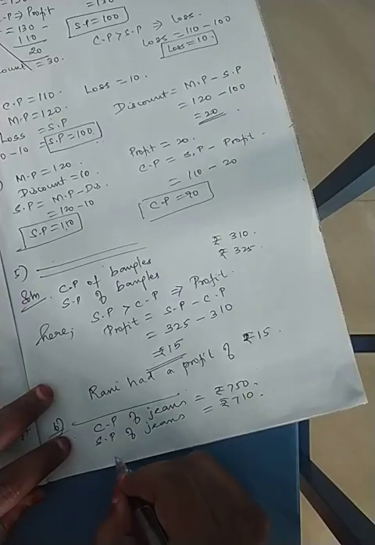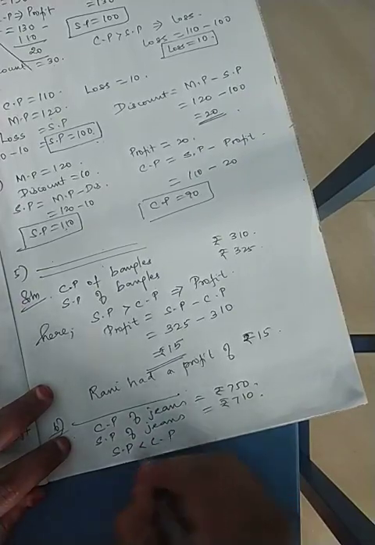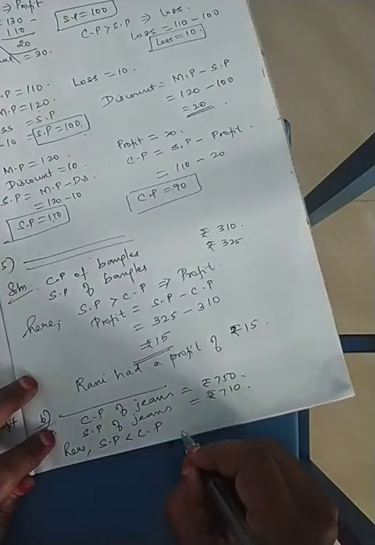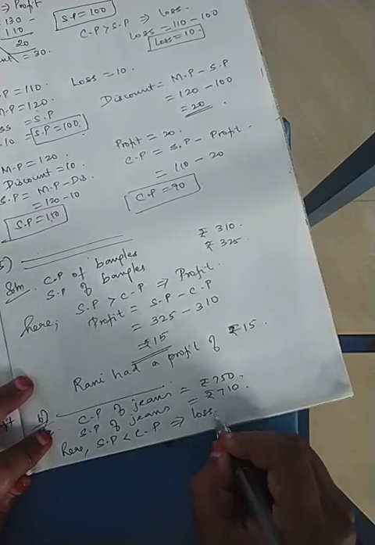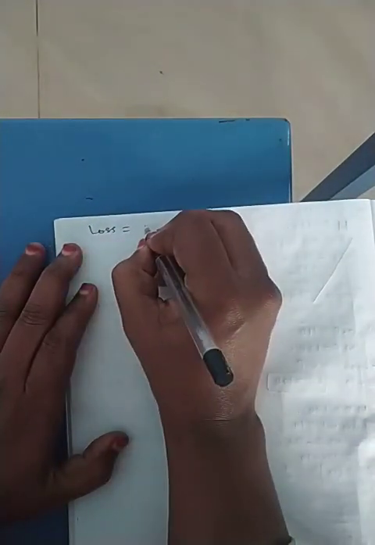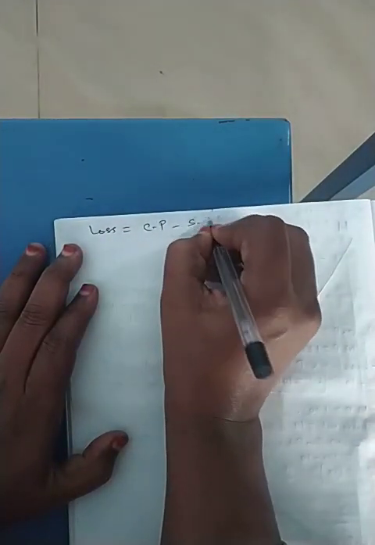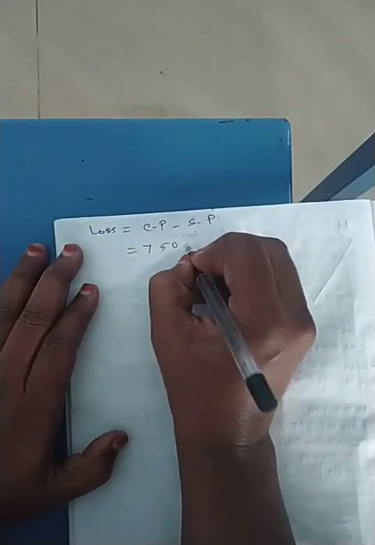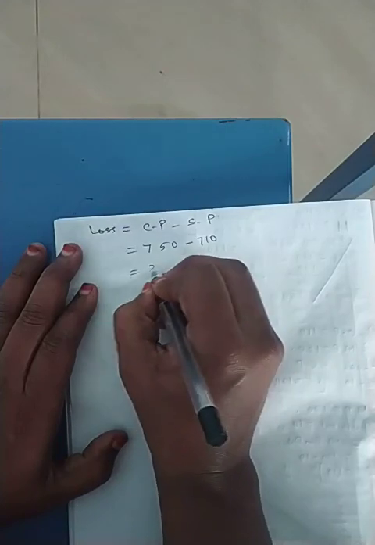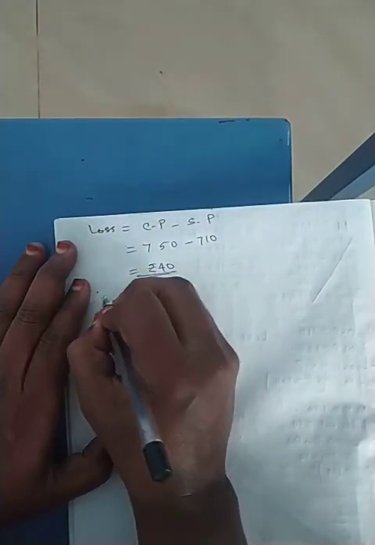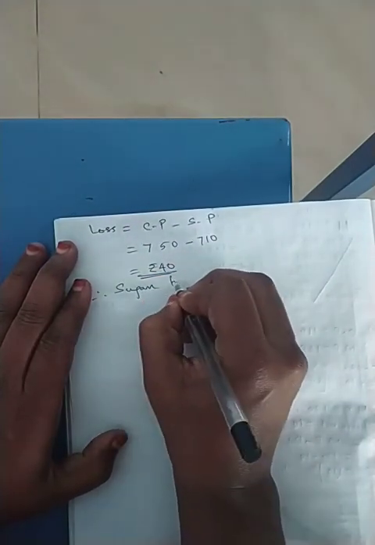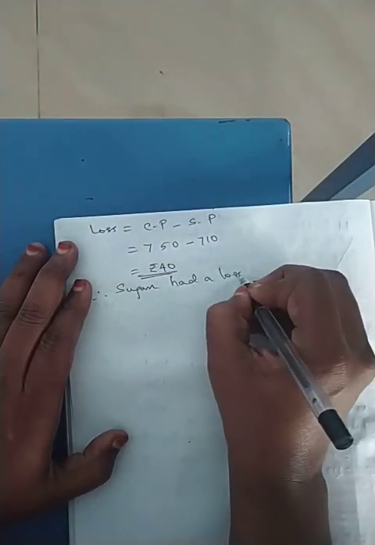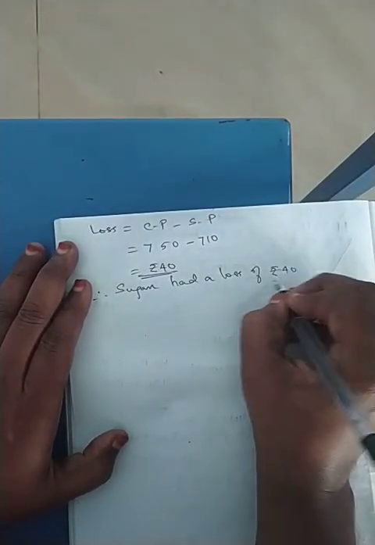Here selling price is less than CP, which means loss. So what is the formula for loss? Loss is equal to CP minus SP, which is equal to 750 minus 710, which is equal to rupees 40.